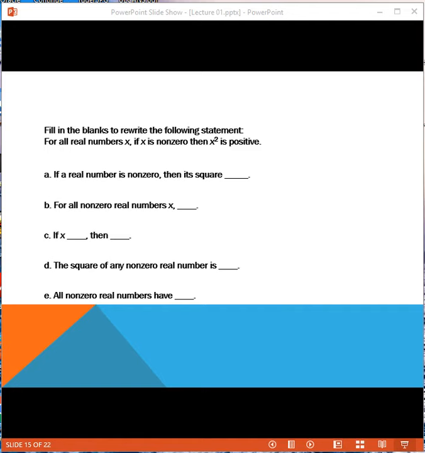So we say, the square of any non-zero real number is positive. Another universal variant would be, all non-zero real numbers have positive squares, or squares that are positive.